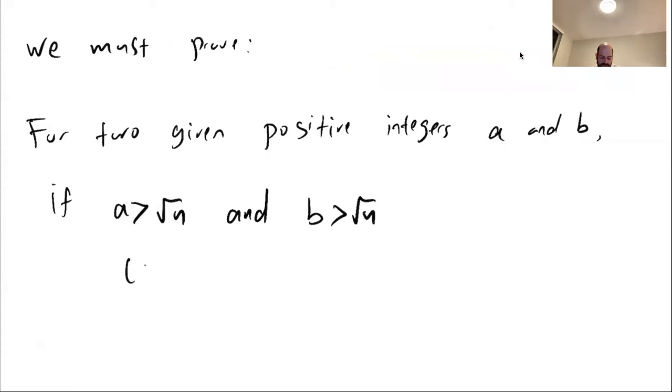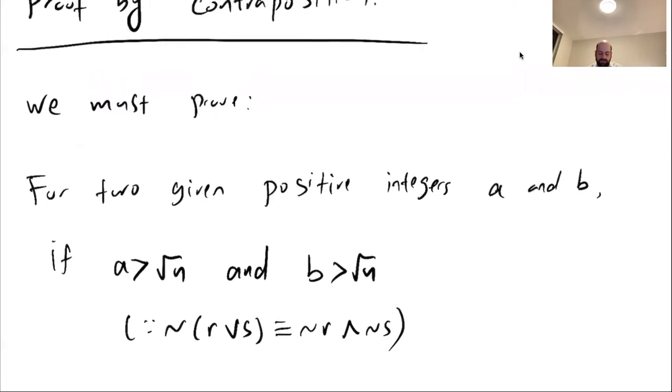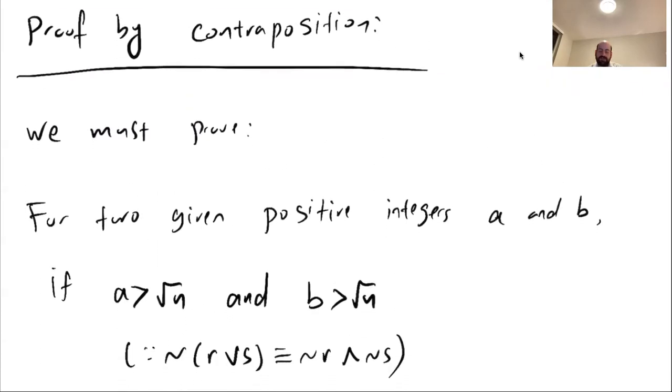Do you remember? See, negation of r or s is the same as negation r and negation s. De Morgan's law, right? Disjunction means or, conjunction means and. Negation of r or s is equivalent to negation r and negation s.